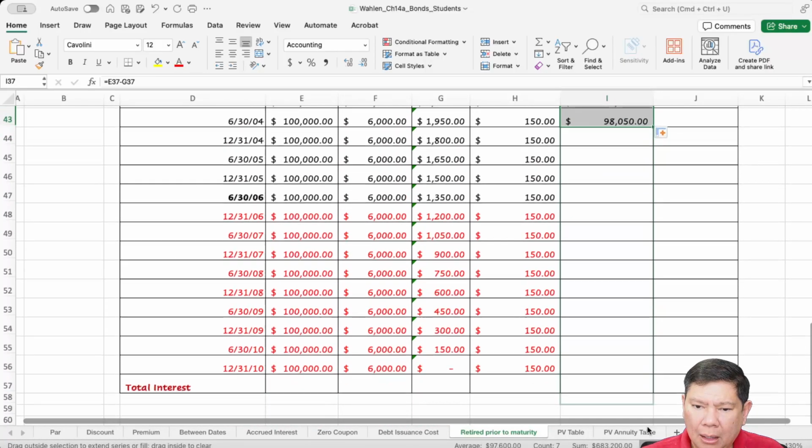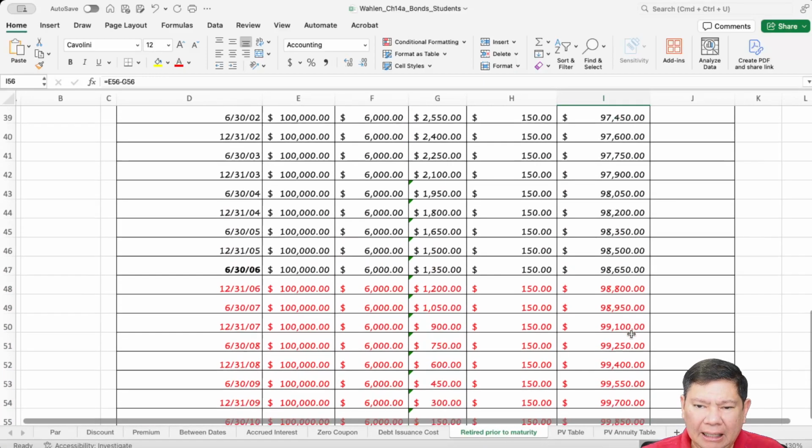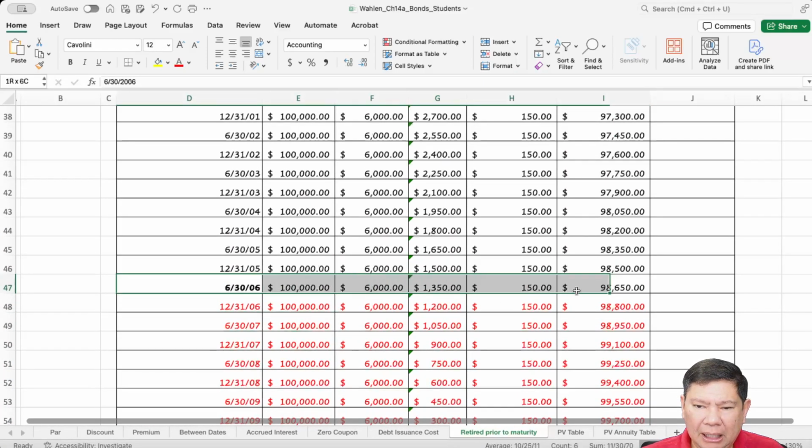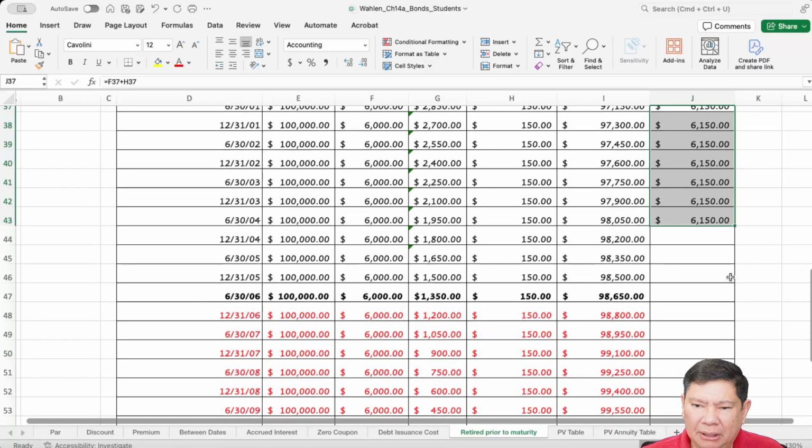So it goes back up to 100,000 after 10 years. But remember, we stop here, right? We are going to call it here at June 30, year 6. So the interest expense with discount is the interest payment plus discount amortization, 6,150.